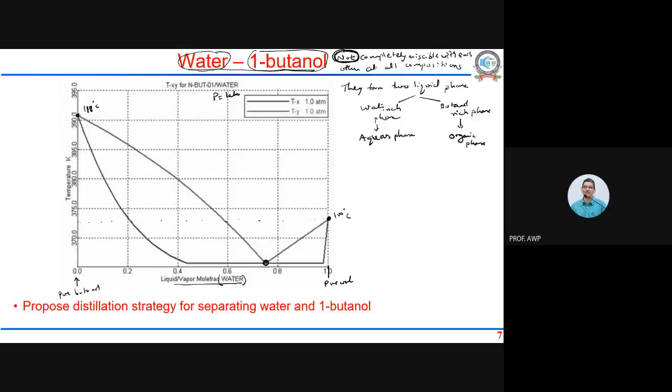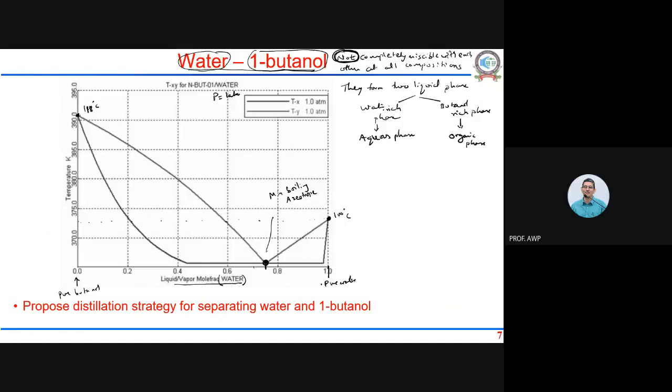Now you see this. This is an azeotrope. Is it a minimum boiling azeotrope or a maximum boiling azeotrope? Minimum boiling azeotrope. What is the azeotropic composition? Something like this, maybe 0.75, 0.76 of water.